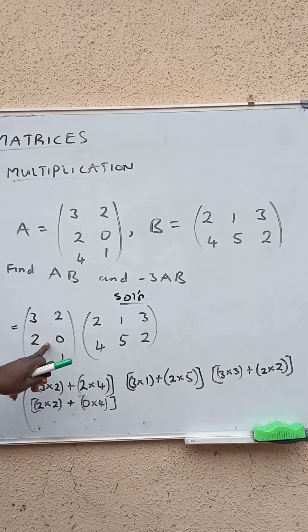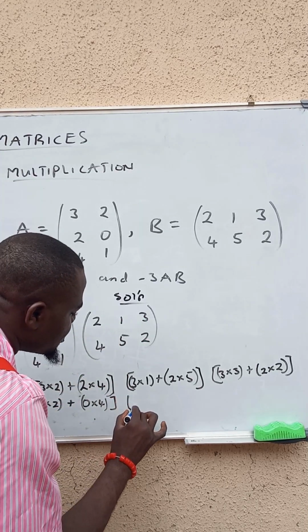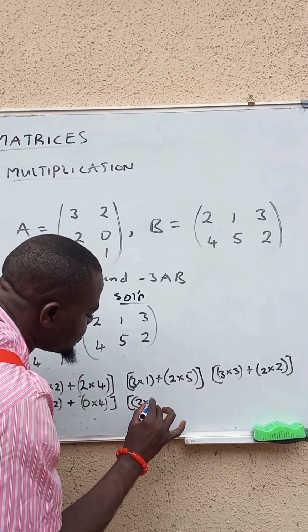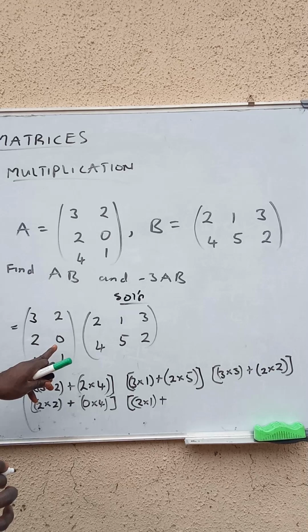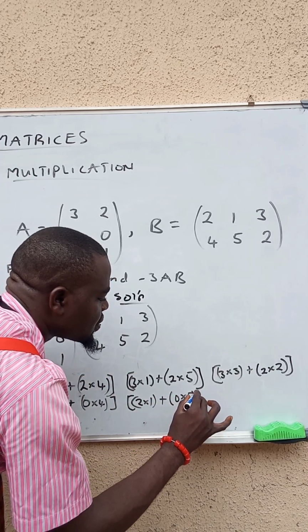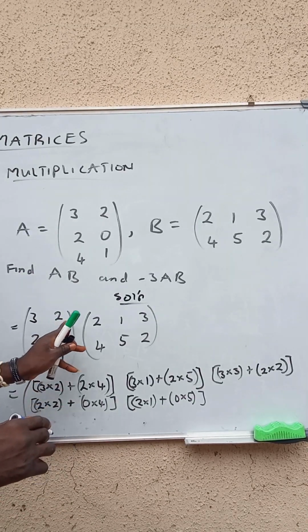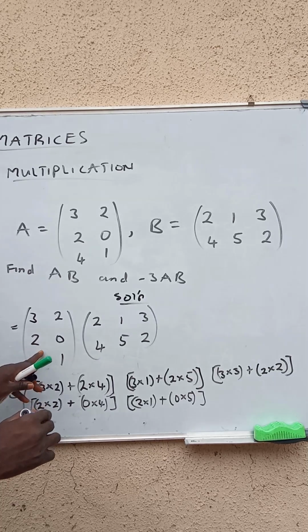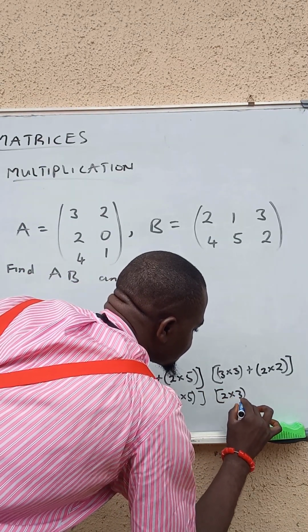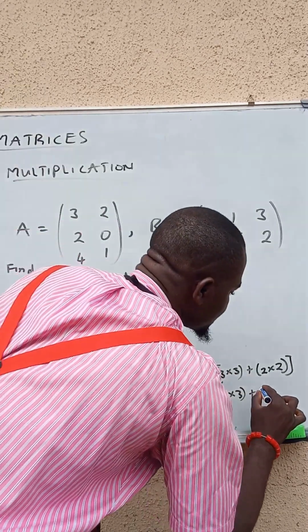Now you take the second row here again and multiply with this. 2 times 1 plus 0 times 5. We take this again. Each of these rows here must multiply everything here. 2 times 3 plus 0 times 2.